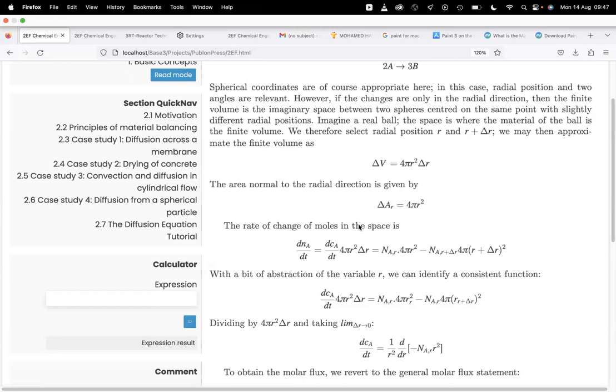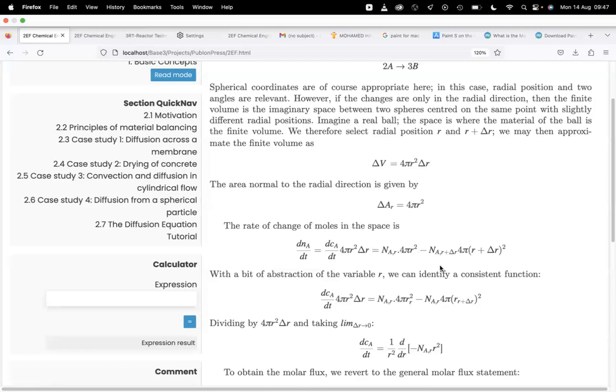That's your delta AR. And so we can write the rate of change of moles in this finite volume as equal to the concentration times the volume of that space, so dCdt times the volume. And then we've got the flux in: the molar flux at position R, coming into that sphere, times the area, the 4 pi R squared.